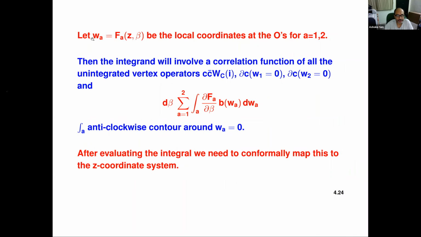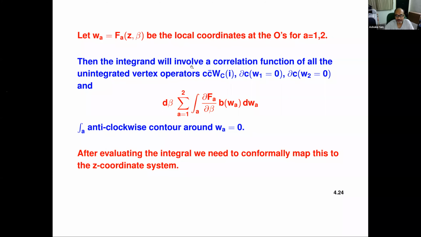Let's suppose that we have the local coordinates at the O's, which we denote by w_a. z is the upper half plane coordinate, so there is a functional relationship between w_a and z. For us, it's all SL(2,R) transformation. In general, there can be complications. So you have w_a as functions of z. And now the general prescription is the following.